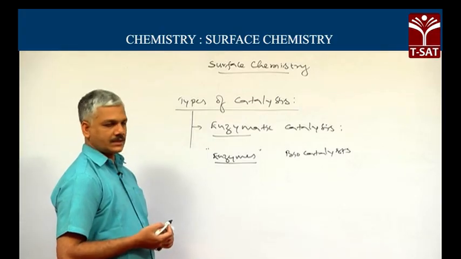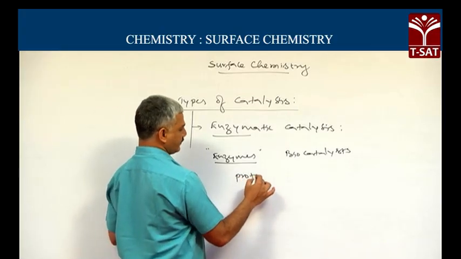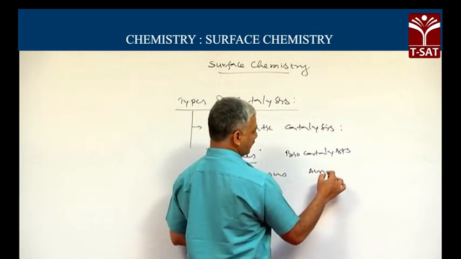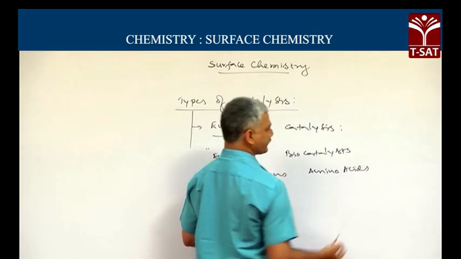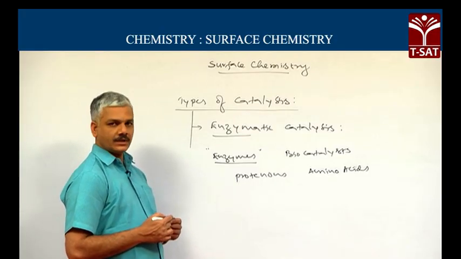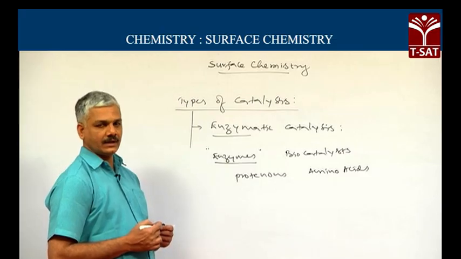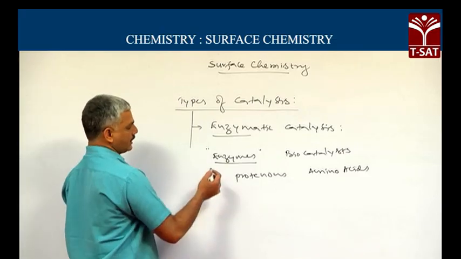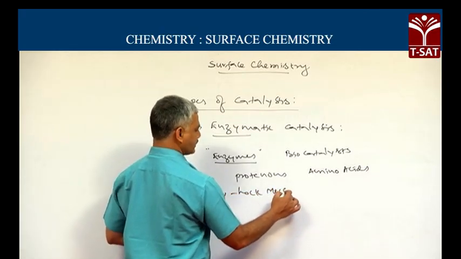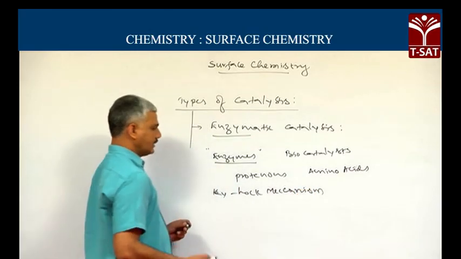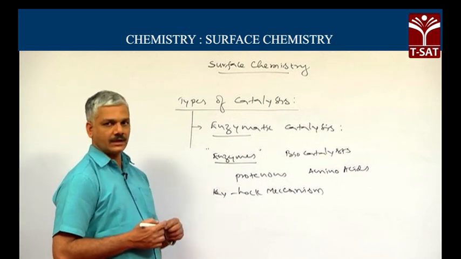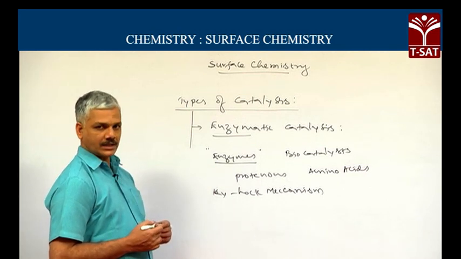Most of the enzymes are proteinous in nature, that is, they are made up of essentially amino acids, and these are highly specific in nature. One particular enzyme can catalyze one particular reaction only. That is why the mechanism is also compared to key and lock mechanism. Just like a key can open only one specific lock, one particular enzyme can catalyze only one particular reaction.